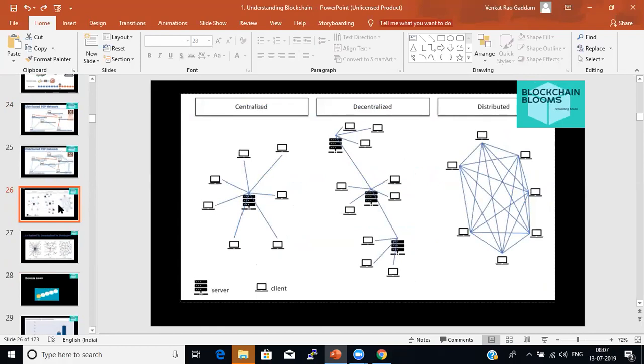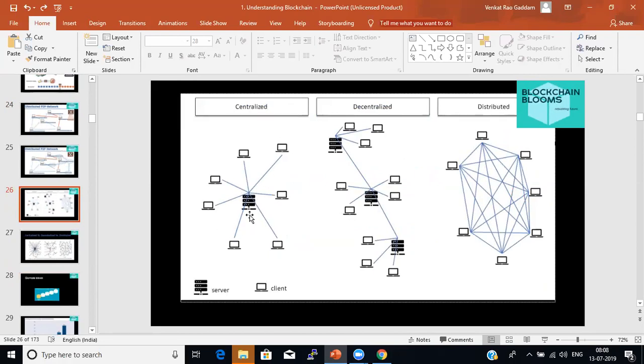Before going to this slide, I would like to show you the current architectures. The majority of our web-based or mobile-based applications now use this centralized architecture. Generally, in the centralized architecture, we have a server or a minimal number of servers, and around these servers we have many clients.